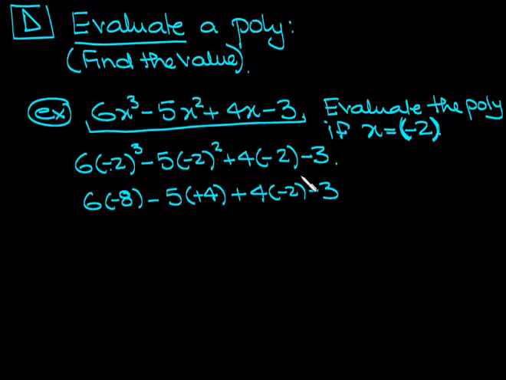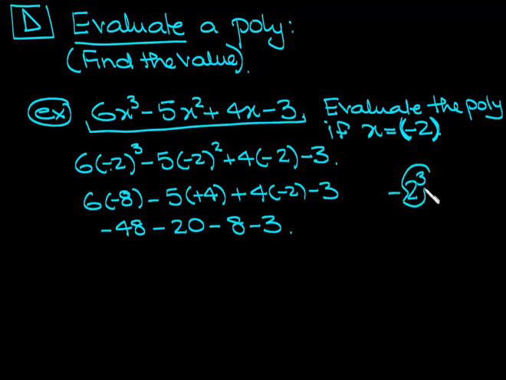Now we do multiplication from left to right, or addition or division. In this case we don't have any division, so let's just do multiplication. 6 times negative 8 is negative 48, minus 20, minus 8, minus 3, and then it's just a matter of adding these numbers up. Now, the thing I want to point out is if I didn't put these parentheses, then when I cube and so on, I would have something like this.